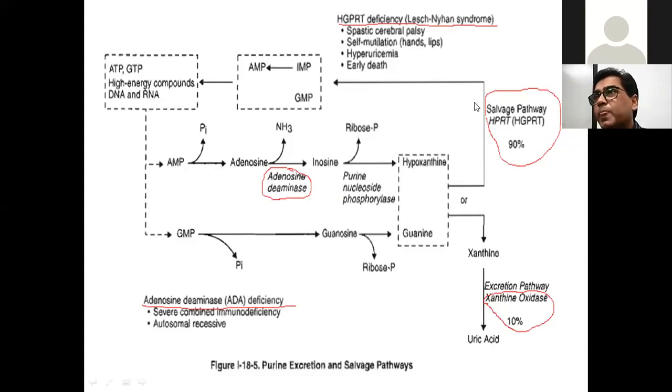So this pathway, which is going to synthesize AMP or GMP or the nucleotide by using the same nucleotide precursors, which is 90%, is known as the salvage pathway, because the nucleotides are not being synthesized from the scratch from the beginning, as was the case in the de novo synthesis, जिसमें कार्बन कहीं से ले रहे थे, नाइट्रोजन कहीं से ले रहे थे, फॉलिक एसिड से कुछ ले रहे थे और दो प्यूरिन्स बना रहे थे, वो फ्रॉम द स्क्रैच दो प्यूरिन्स बन रहे थे. इसमें ऐसा नहीं हो रहा है, इसमें प्यूरिन्स ऑलरेडी बने हुए हैं, न्यूक्लियोटाइड्स ऑलरेडी बने हुए हैं, सिर्फ एक या दो एंजाइम के रिएक्शन से इसको सैल्वेज कर रहे हैं.